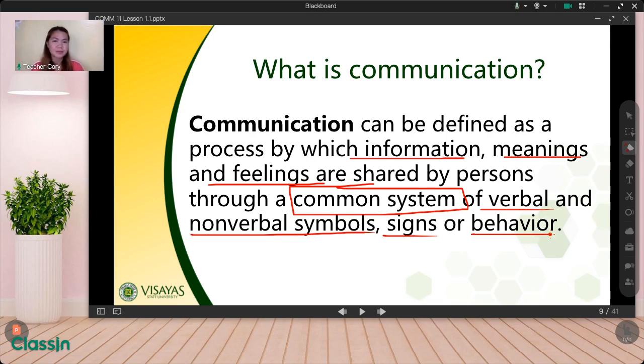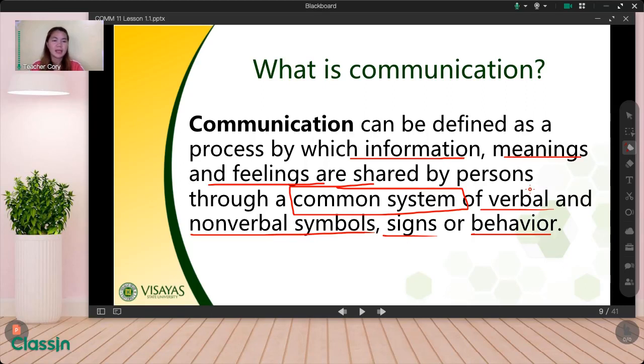It is not only a flow or expression of message, but also feelings. So we also have to take note of the attitude, the attached feeling, when somebody is expressing or relaying a message.